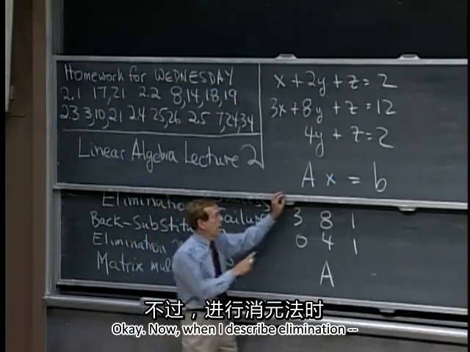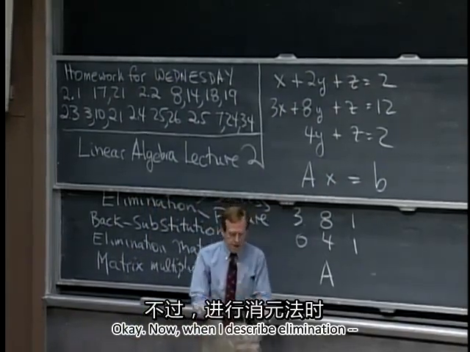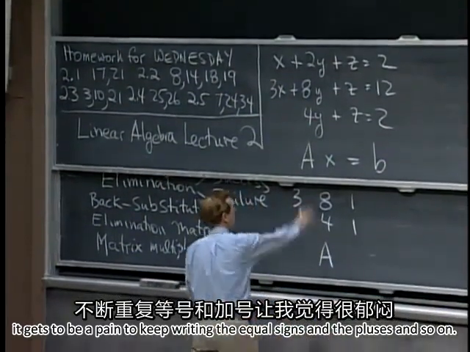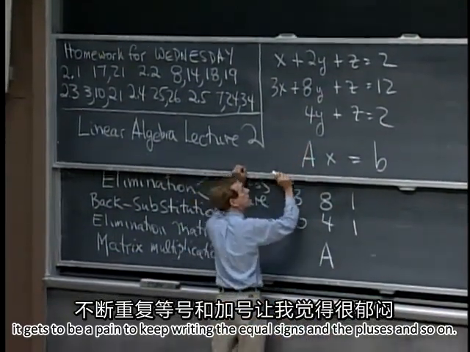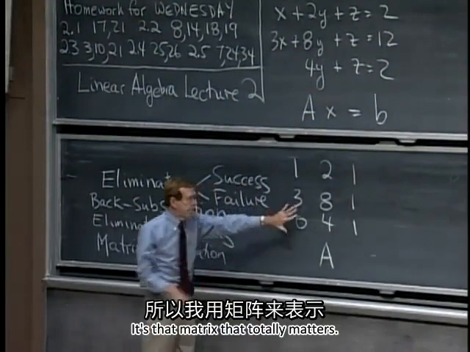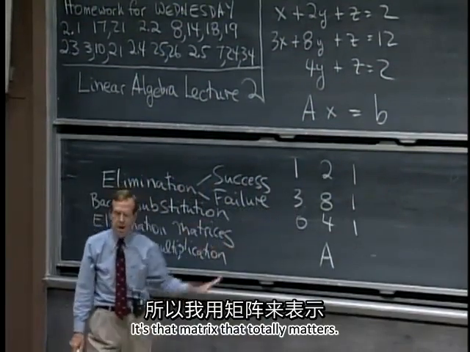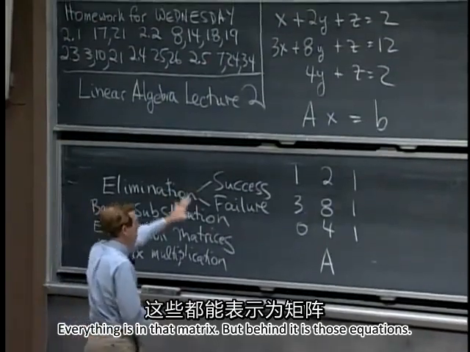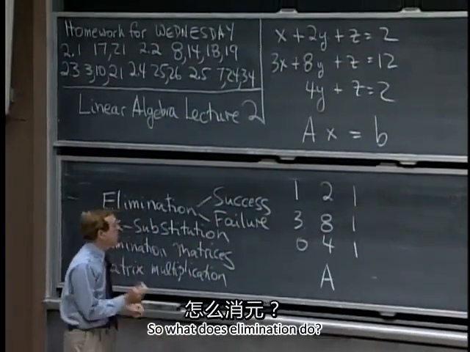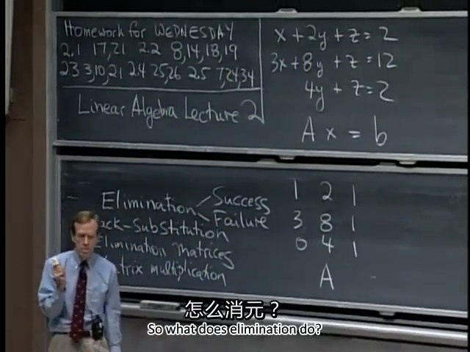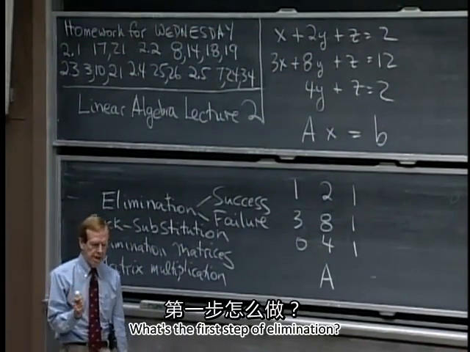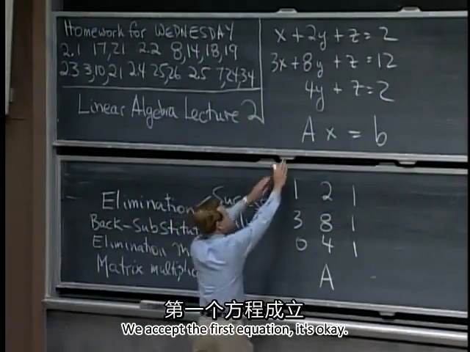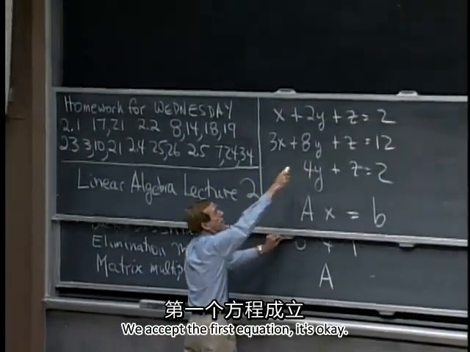Now, when I describe elimination, it gets to be a pain to keep writing the equal signs and the pluses and so on. It's that matrix that totally matters. Everything is in that matrix, but behind it are those equations. So what does elimination do? What's the first step of elimination? We accept the first equation, it's okay.